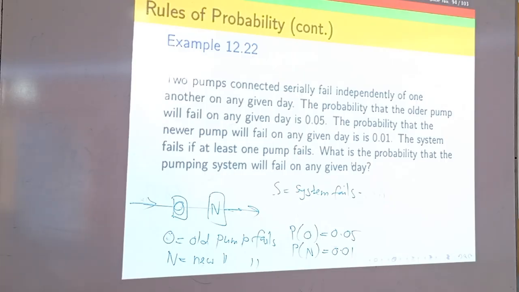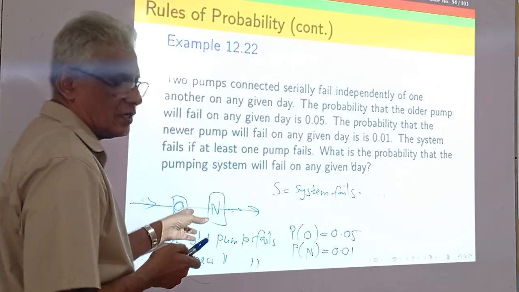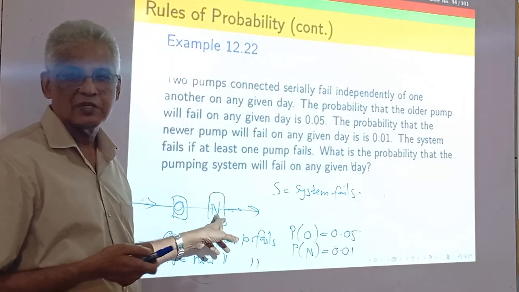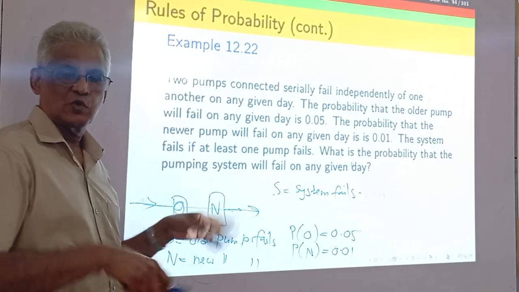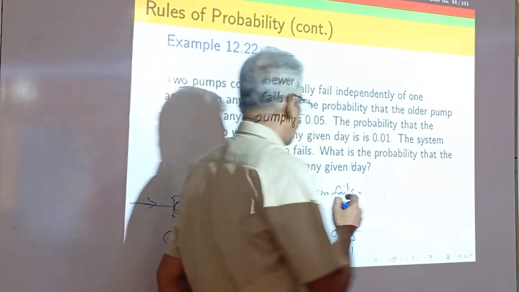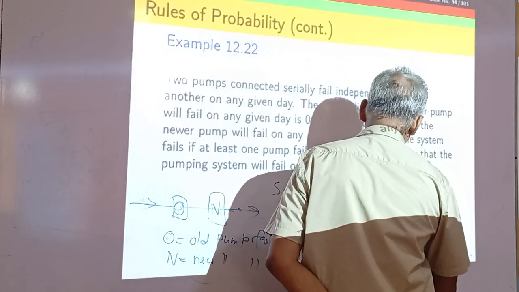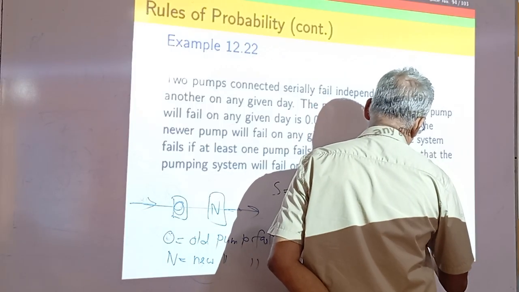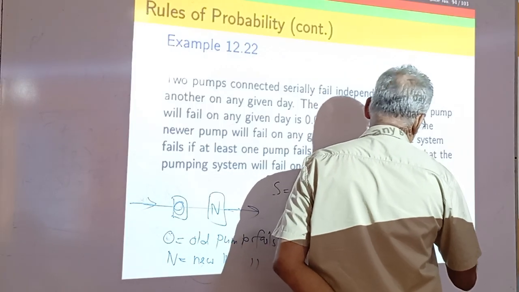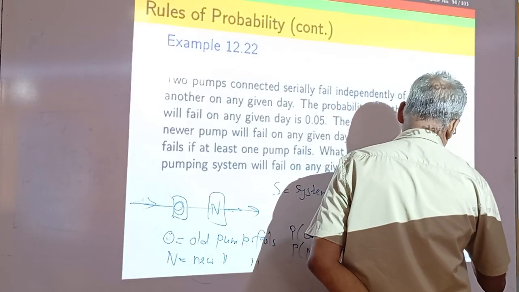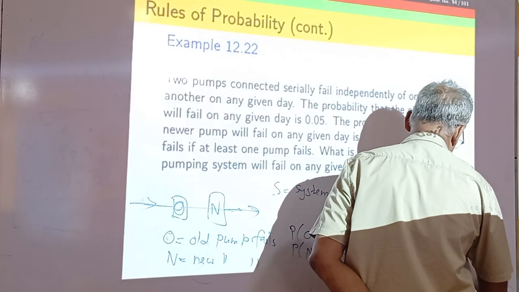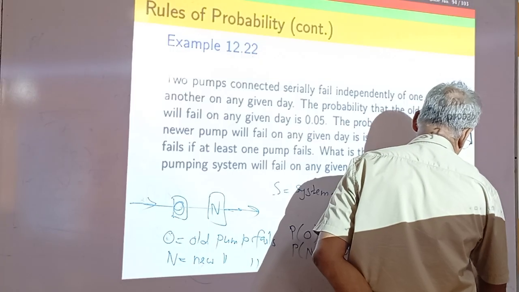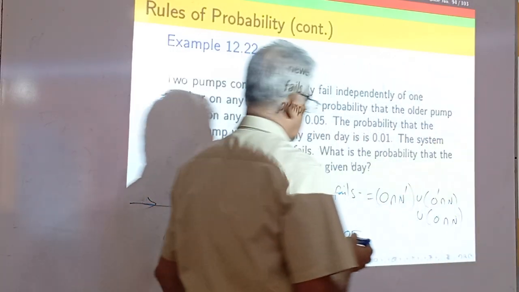Yeah, you can say only the first one, the old one fails, and this one works. Or only this one fails and this one works. Or both fail, right? So therefore you can write down S as O intersection N dash, union O dash intersection N, union O and N both fail.